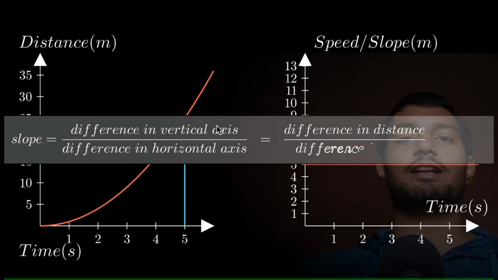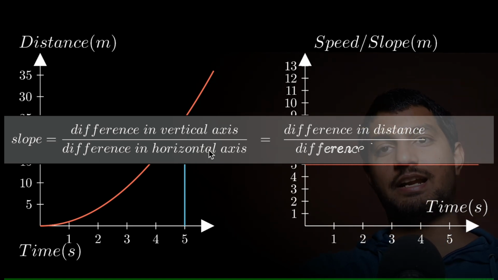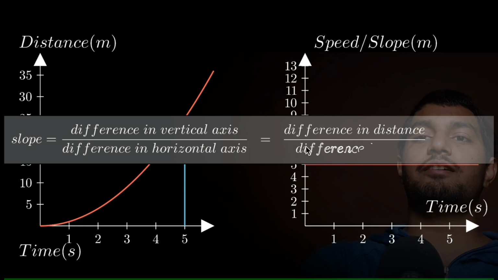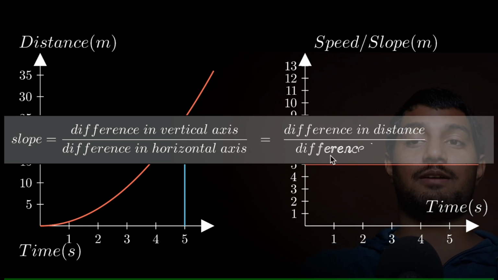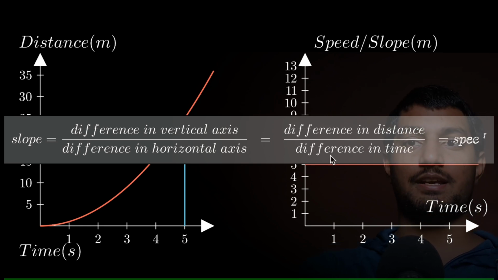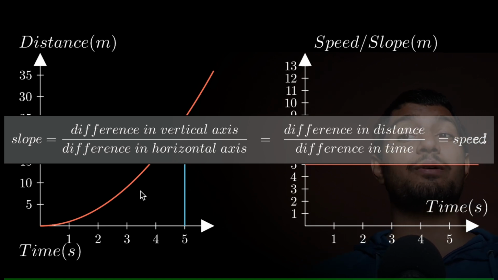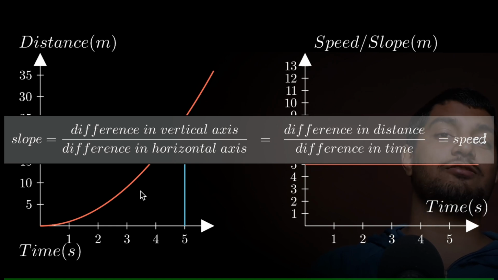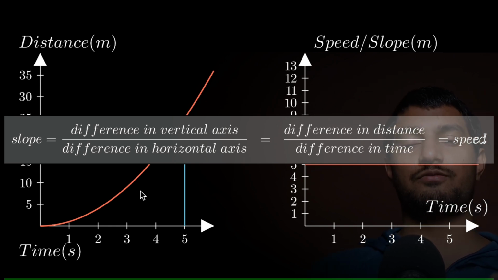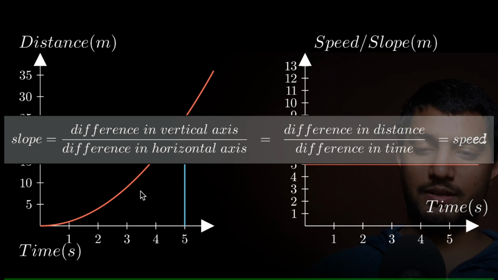The difference in the vertical axis and the difference in the horizontal axis. And in the same way, if you remember finding the slope, slope is also the same, like rise over run, right? So rise is this part and the run is the other part. So in this case, slope and speed are the same thing. Finding slope and speed is basically the same thing, with this fraction telling us speed and slope, right?